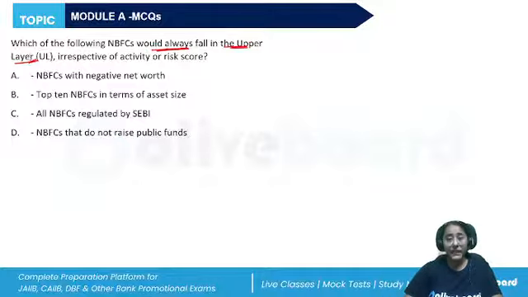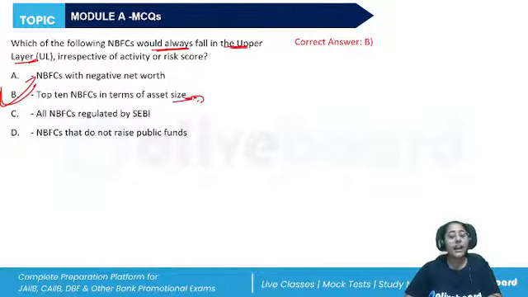So the upper layer would always comprise those NBFCs which are specifically identified by the RBI as warranting enhanced regulatory requirement. So the top 10 eligible NBFCs, irrespective of which type or category they are, in terms of their asset size, will be in the upper layer.